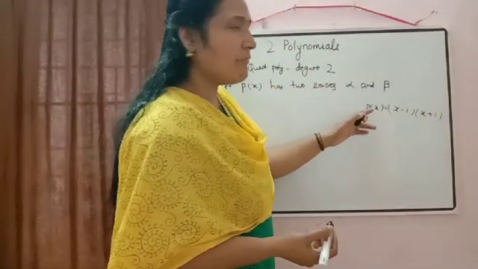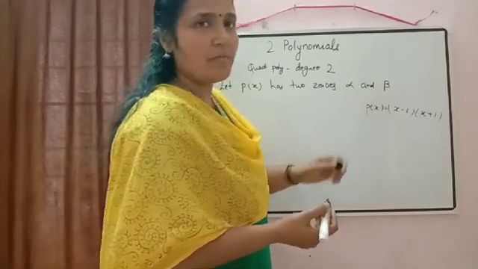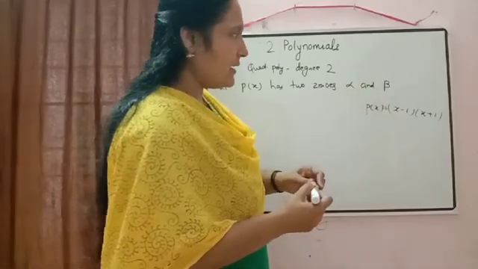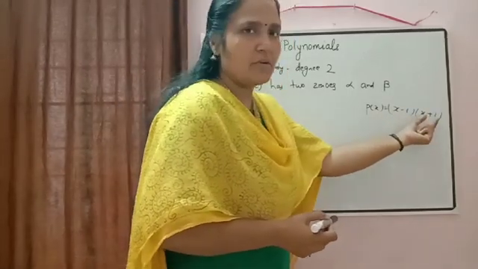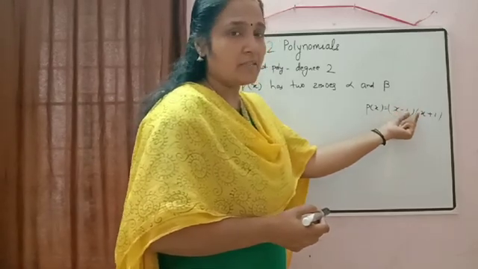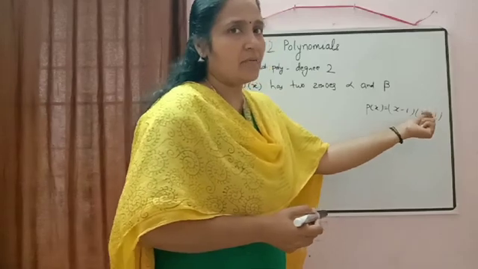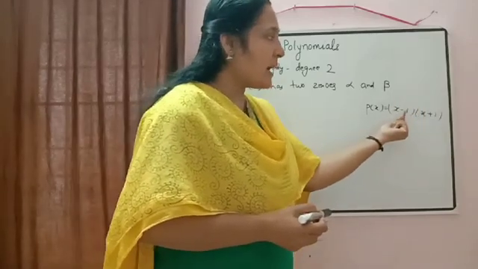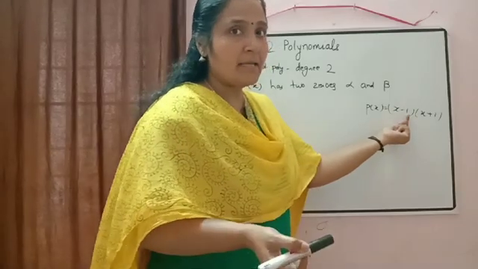Zeros means you have to find the particular value of x which will make the polynomial equal to 0. Then we equate either this factor to 0 or that one to 0. Then we write x is equal to 1 will be a zero and x is equal to minus 1 will be another zero. And what is the factor here? x minus 1. So if x minus 1 is a factor, 1 will be the zero.